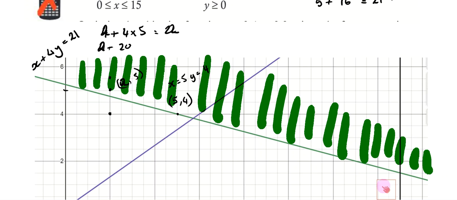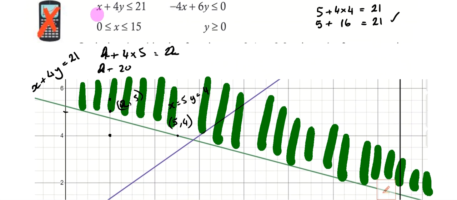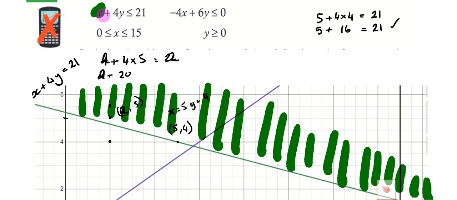Right. So that's this one done. All right, should we pick an easier one this time? What about x is greater than or equal to 0, x is less than or equal to 15? How do I show that on this graph?